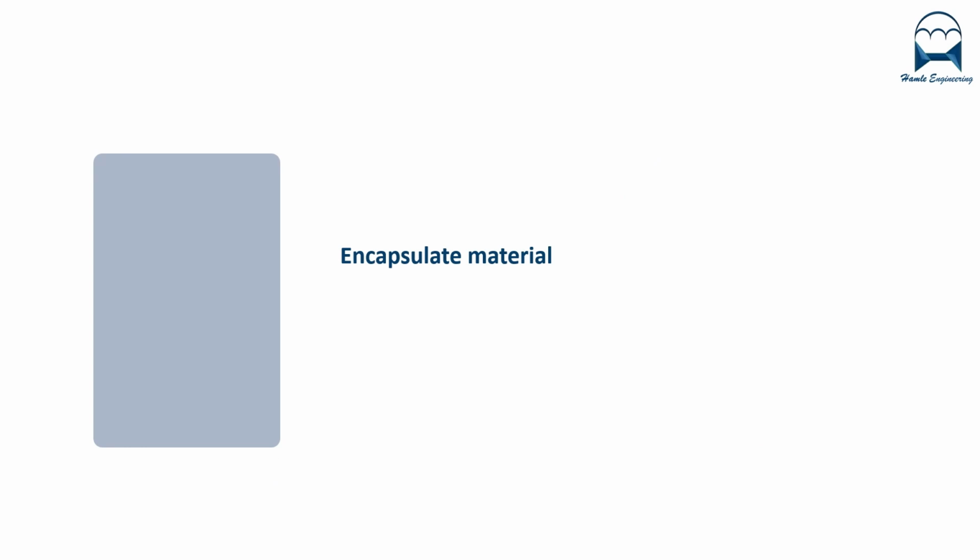Encapsulant material. One of the most important materials is the encapsulant, which acts as a binder between the various layers of the PV panel. The most common material used as an encapsulant is EVA, ethylene vinyl acetate. It is a translucent polymer sold in a roll. It must be cut in sheets and deposited before and after the photovoltaic cells.